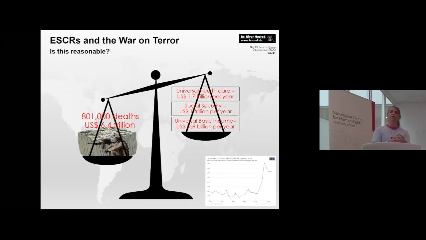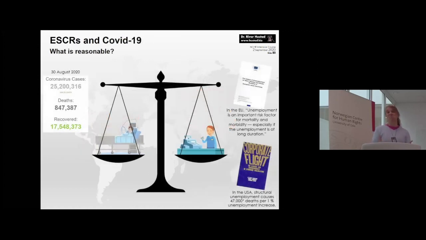If all resources go to protecting one right, and we say that right needs to be protected 100% or 99%, how does that affect all of the other rights? So we can look at this and say, if we put all the resources into health, how is that going to affect the other rights? Now, of course, I don't want to trivialize the virus situation and the number of deaths. It's just something that we need to think about in the long term, and how these rights have to be balanced.